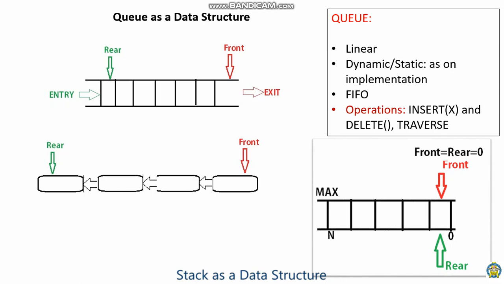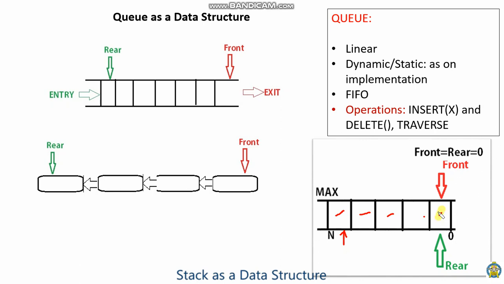Another point that you need to take care of, a common question that is asked, is what is a drawback of a normal queue? Now, if you look here, let's imagine there are items in the queue. There is an item here, an item here, an item here, and so on. And the rear would be here. Now let us imagine I delete a particular item.